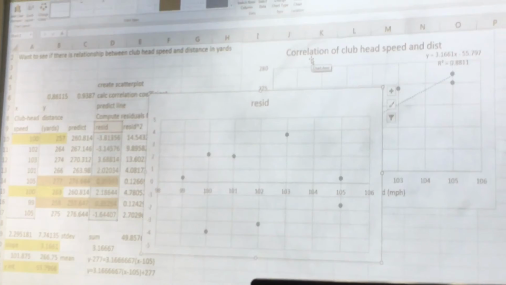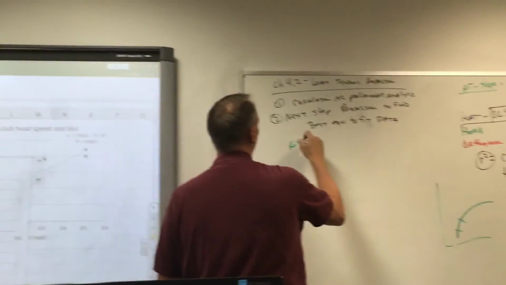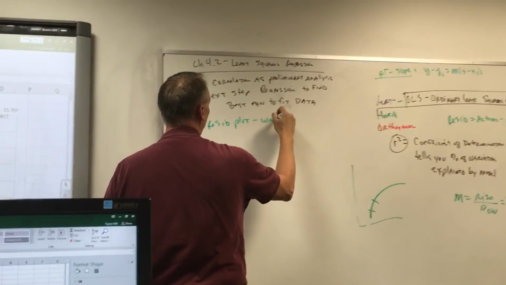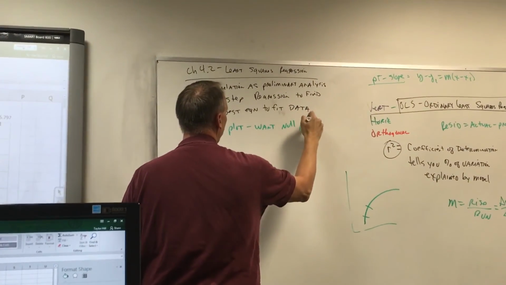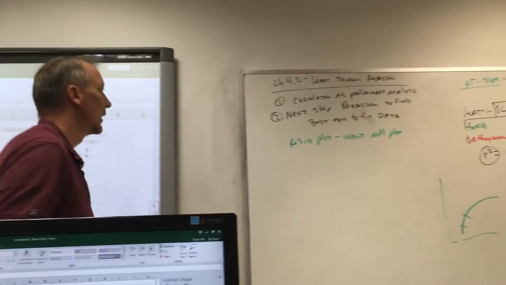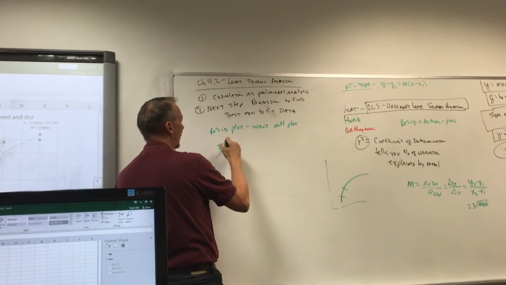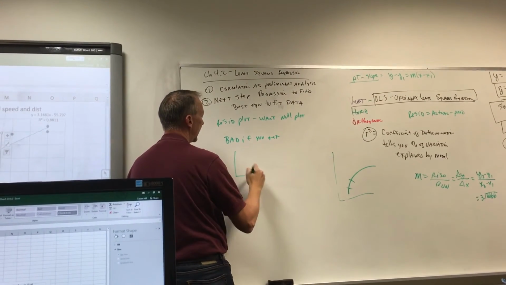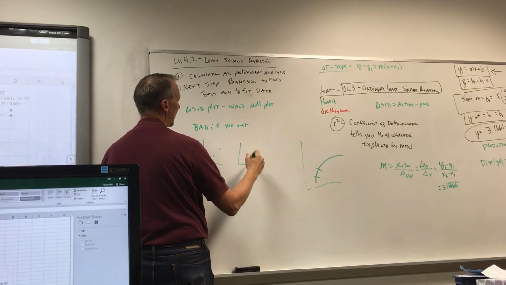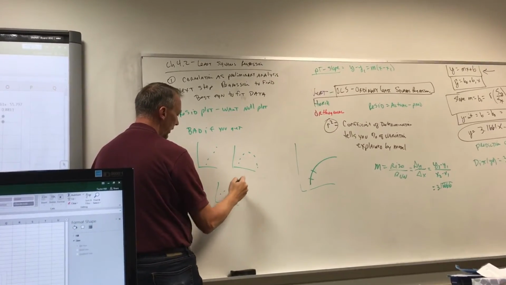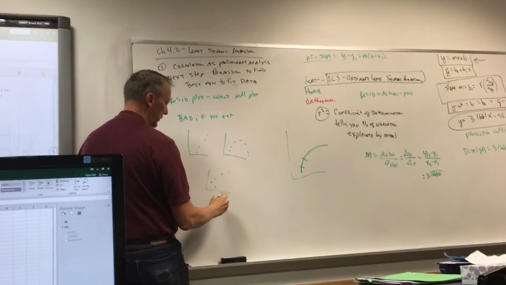Now, for the residual plot, you want a null plot. You want a hamburger there. It's bad if you get something like this, or something like this, or we refer to this one as the megaphone.